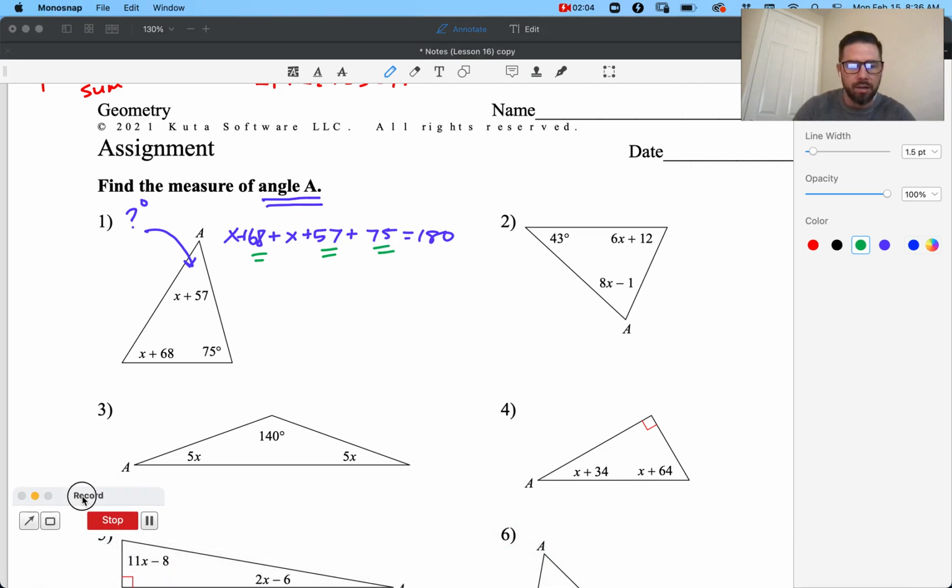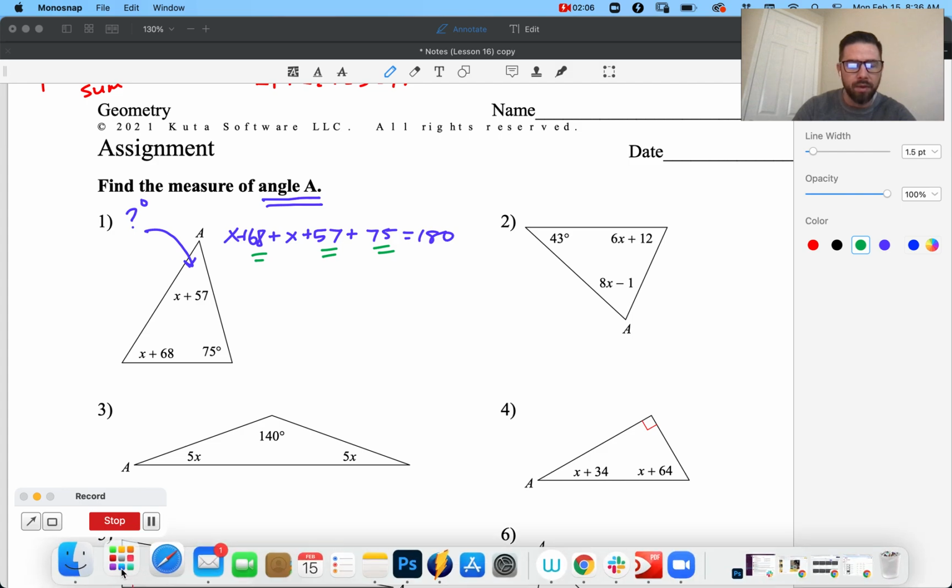Yikes, I'm going to need a calculator for that, so I might as well get my phone out, because it's going to be quicker for me to do that on my phone than on the computer for these next problems. So 68 plus 57 plus 75 is 200.